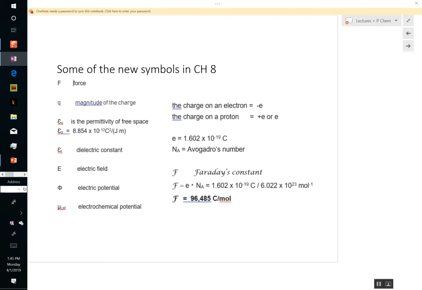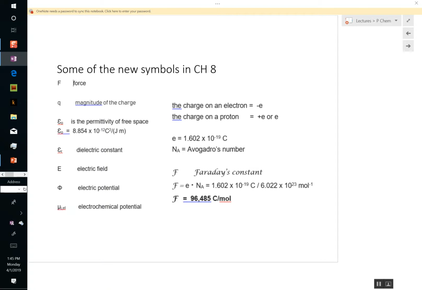You open up the front of your textbook, this is what you'll see for Faraday's constant. That number. But what is it? It's a mole of electrons times the charge on each individual electron or proton. So it's 96,485 coulombs per mole.